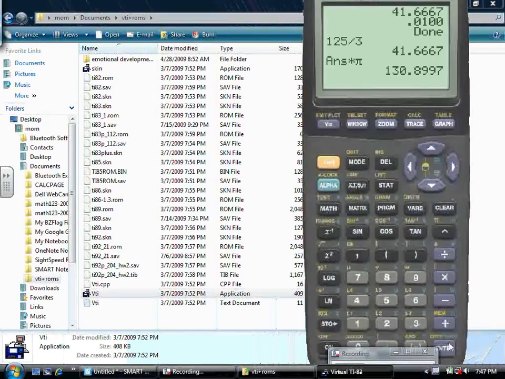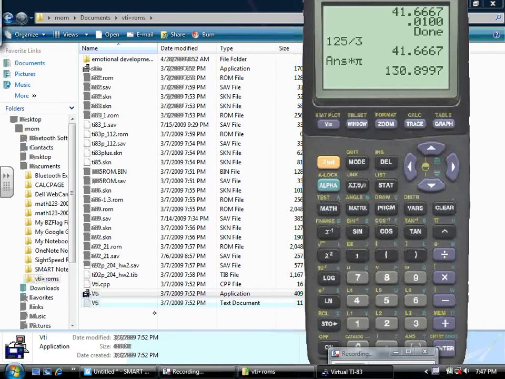Okay, so 125 over 3 is that, but I want times pi, right? So times pi, just if you want a decimal equivalent, or if you want to check with fnInt, you get 130 point, if you round that off to 3 places, it's 0.900, right?